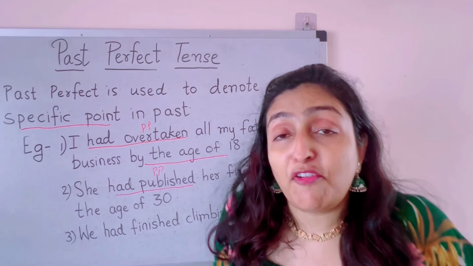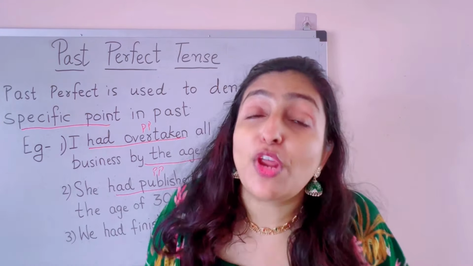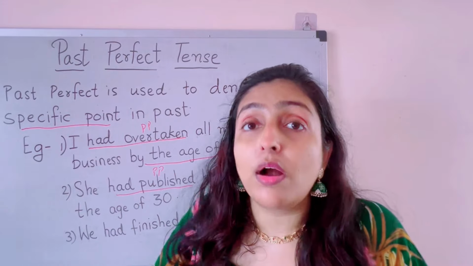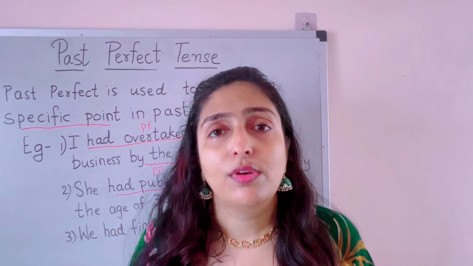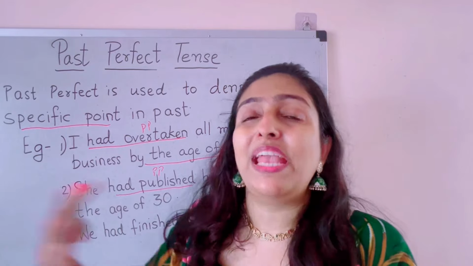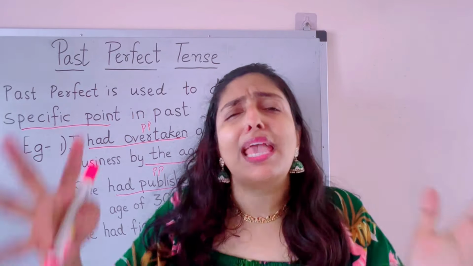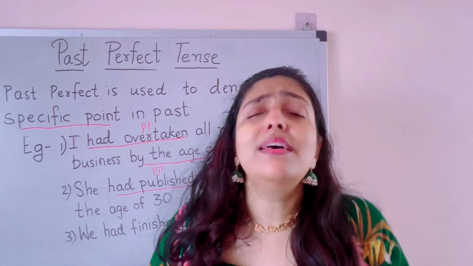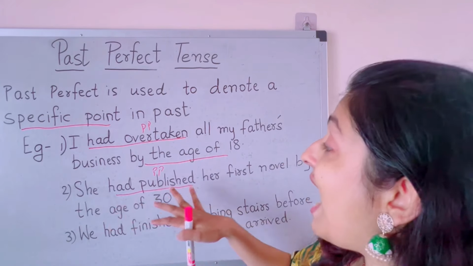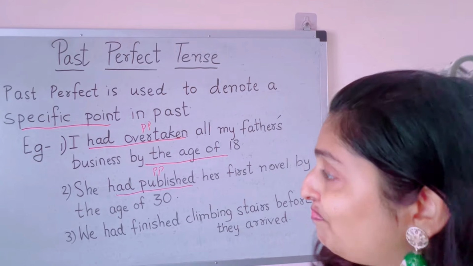No. If a novel has to be published, then she would have begun that work years before. Right? She would have worked so laboriously and taken such painstaking efforts that by the age of 30, she had published her first novel.